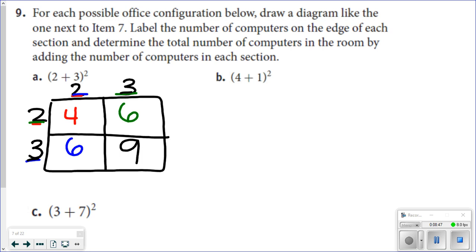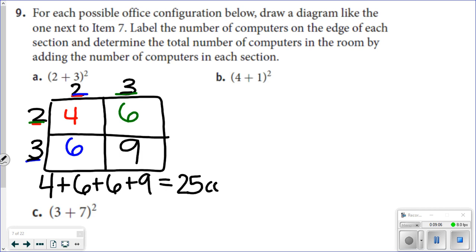Then it says go ahead and add the number of computers up in each section. So if I write that out, just to show you once, it's 4 plus 6 plus 6 plus 9. Get your total. So the total here would be 25 computers.